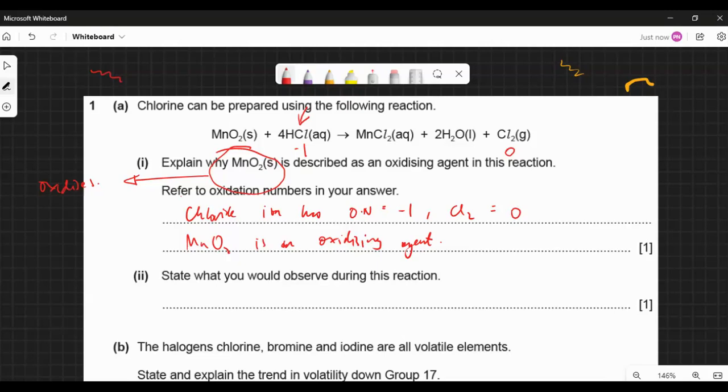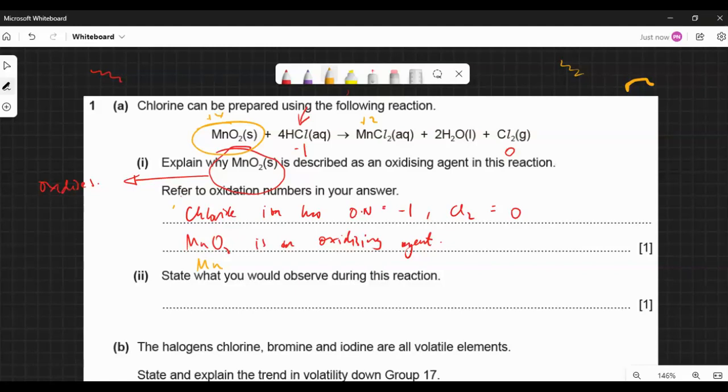Now that's one way we could look at it, but another way we could look at exactly the same problem is we could look at the manganese dioxide itself. Yes? If it is an oxidizing agent, what must happen to it? Exactly, it must be reduced. And let's just show the manganese dioxide is reduced, where Mn on the left is +4, yes, and on the right is +2.